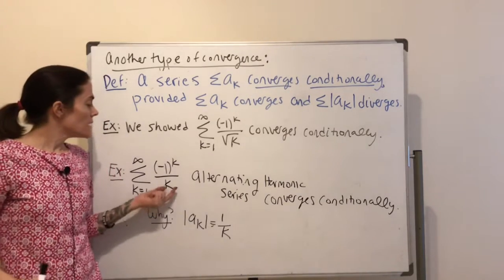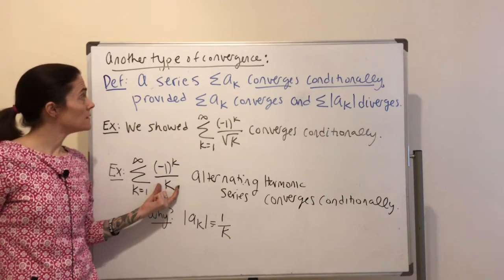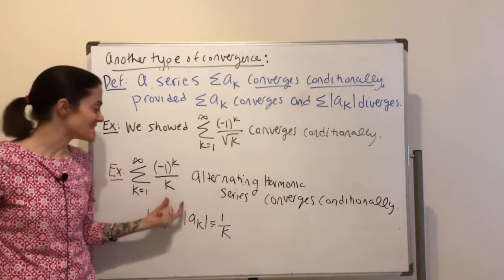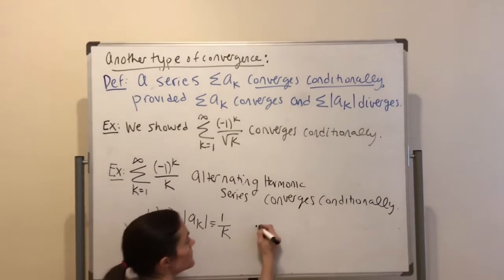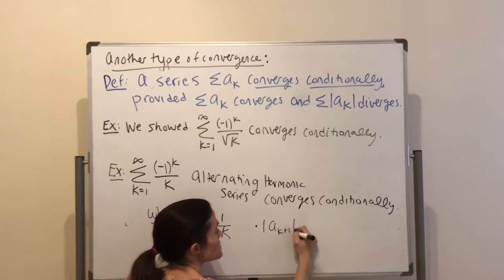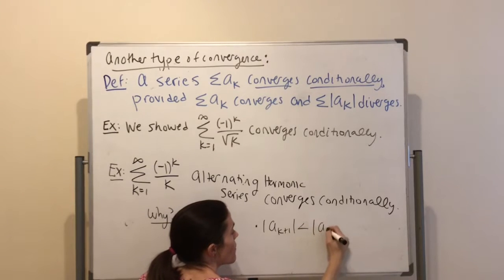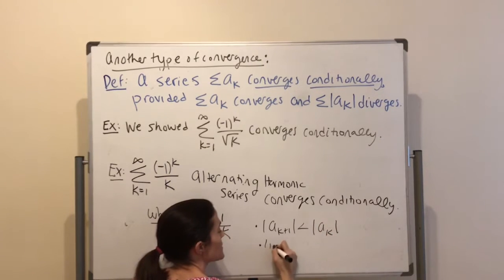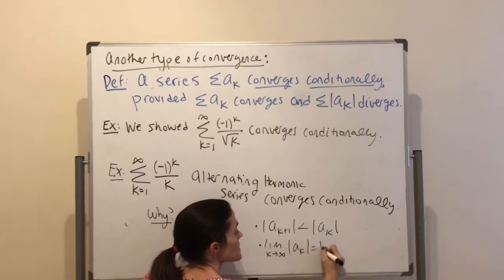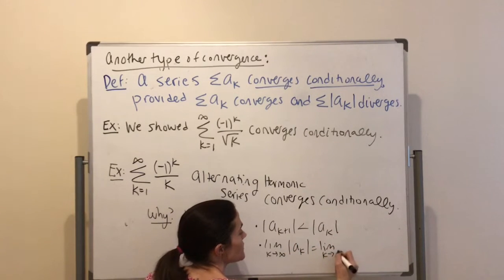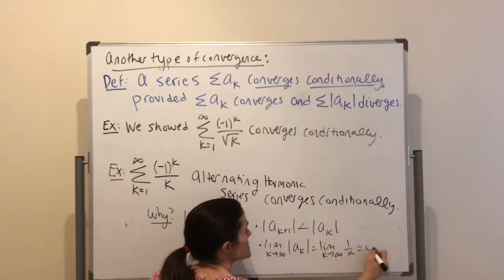But think about the alternating series test. What do we need to check here? Certainly, we have this, and we have the limit as k goes to infinity of the absolute value of a_k, which is the limit as k goes to infinity of 1 over k, and this is 0.